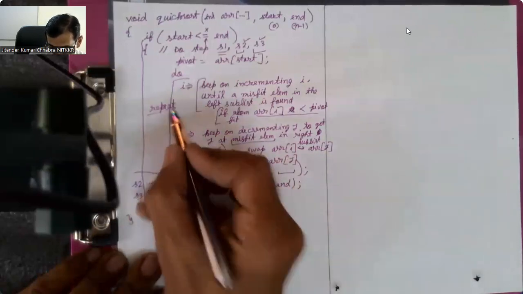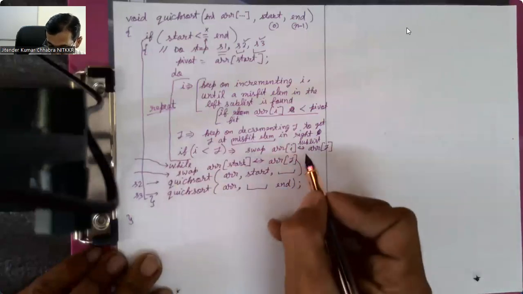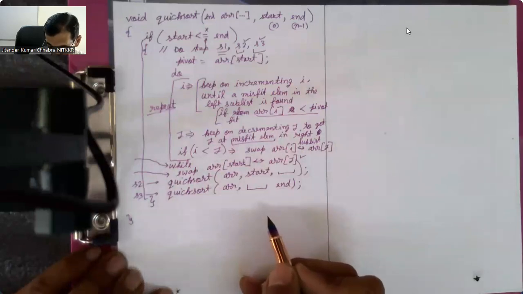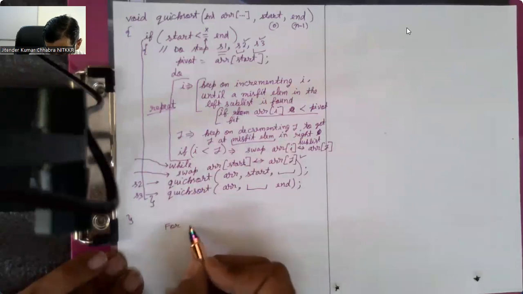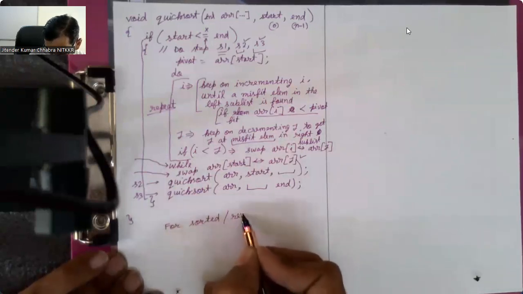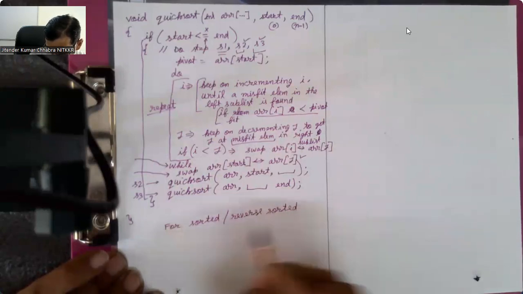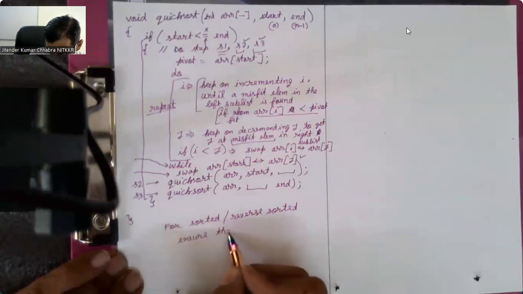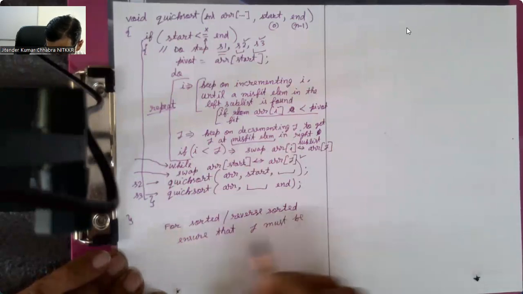So the hint I give you is that a do while loop will be much more useful to ensure that in all positions, J reaches the correct place. Why am I saying this? For sorted data also, or for reverse sorted also, and for any other also, we must ensure that J is at the correct index.